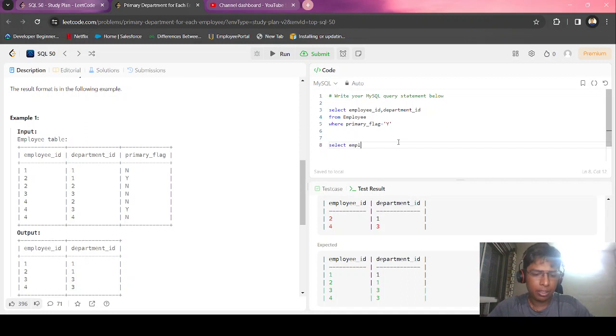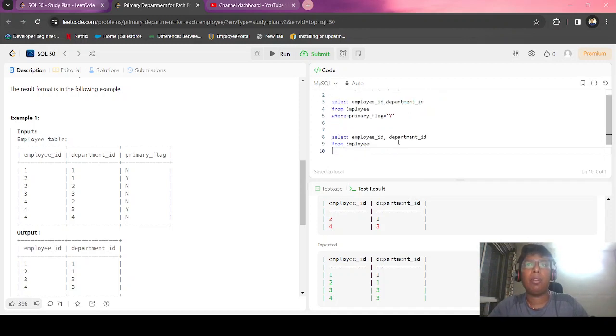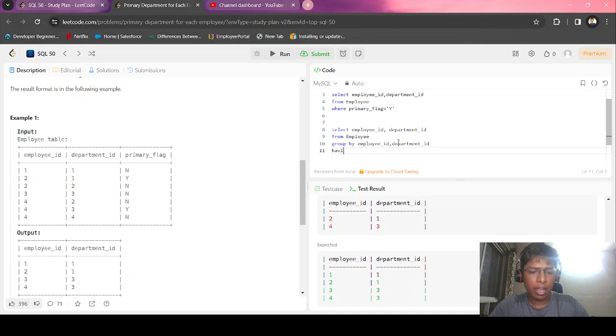Select employee ID, comma, department ID from employee, group by employee ID, department ID, having.